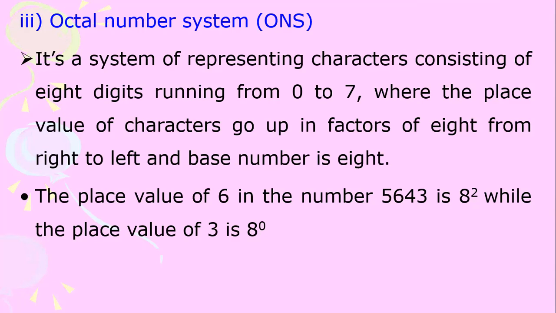5643 in octal simply indicates that 3 is the least significant digit in this number system, while 5 is the most significant digit.